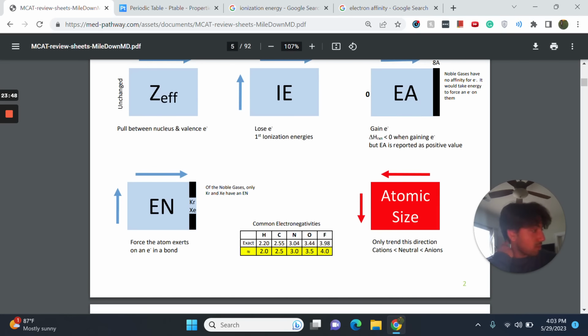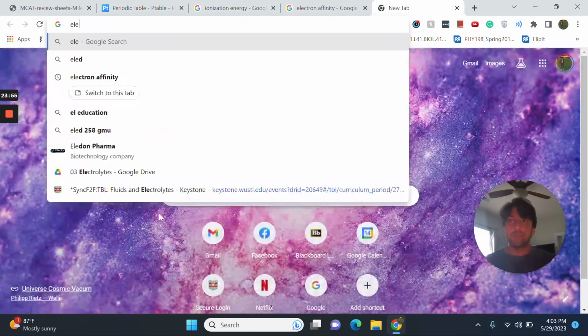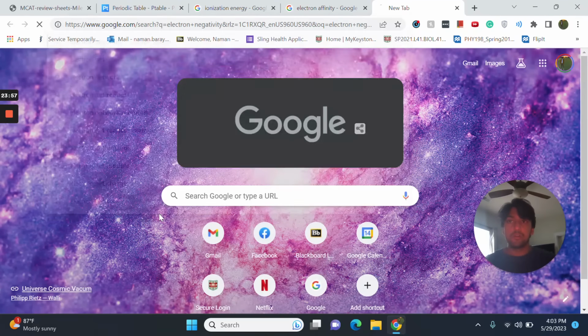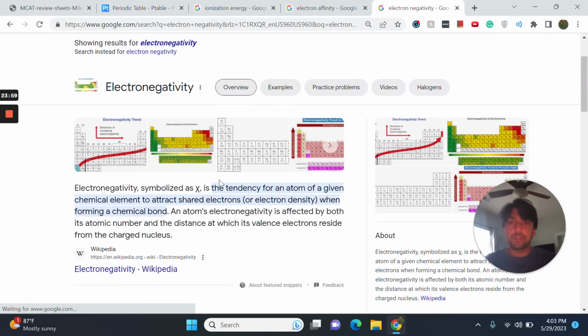Okay, the next thing is electronegativity, right? And so electronegativity refers to the tendency of an atom of a given chemical element to attract shared electrons.